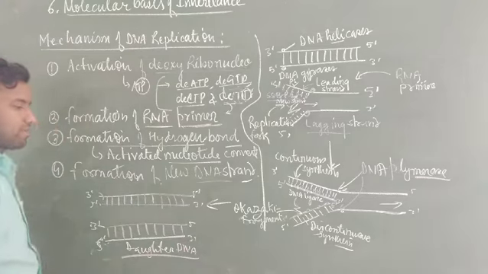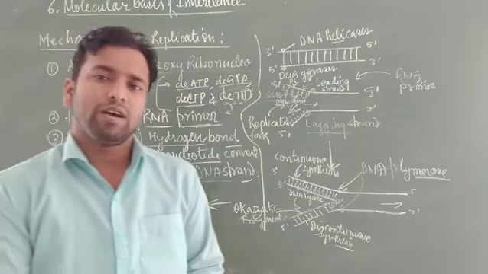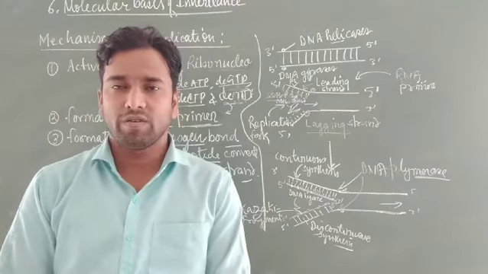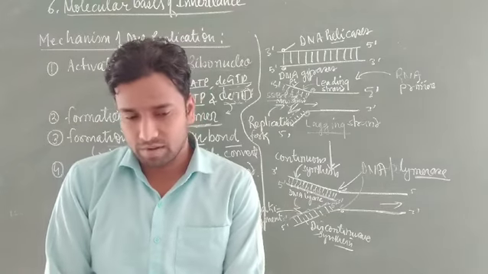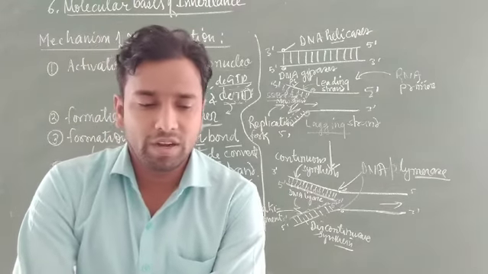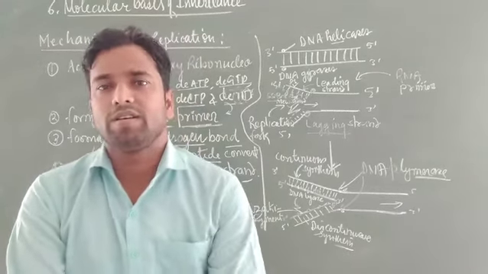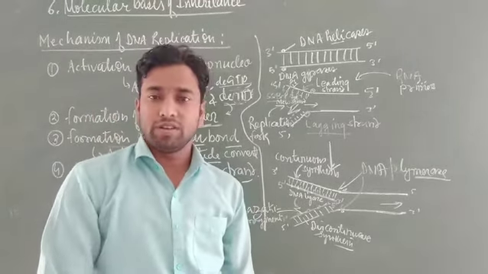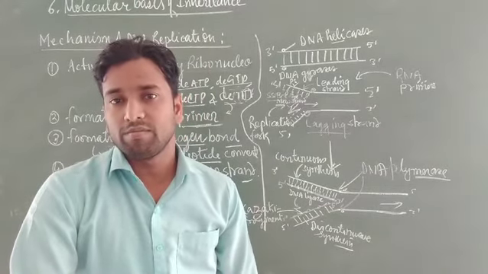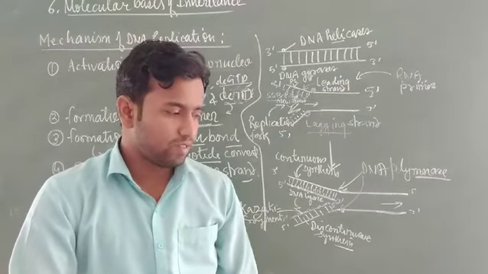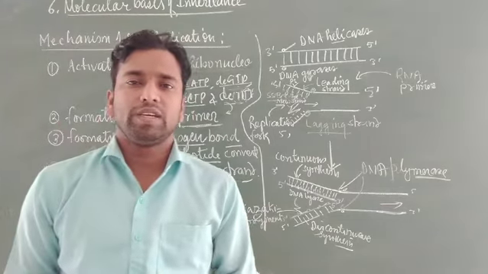Students, a question asked many times: what is an Okazaki fragment, and where does it form at the time of DNA replication? Why is the synthesis of DNA on the lagging strand discontinuous, and why does the leading strand show continuous synthesis of the polynucleotide, especially the deoxyribonucleotide chain?